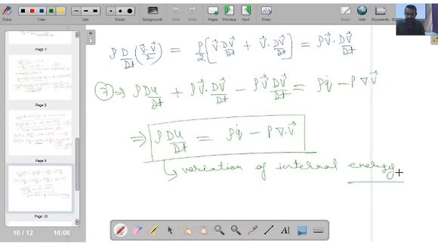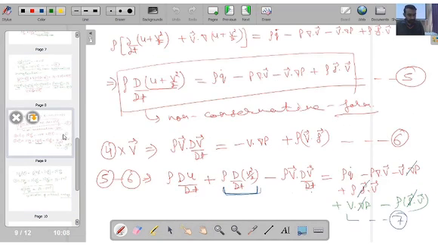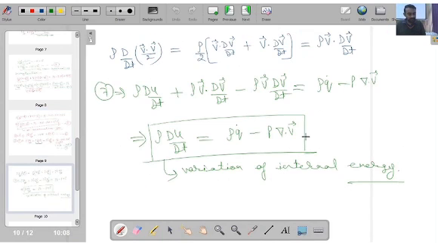Remember that these two carry the same meaning. When I refer to equation number 5, I am referring to the equation for variation of total energy. When I refer to equation number 8, I am referring only to the variation of internal energy.